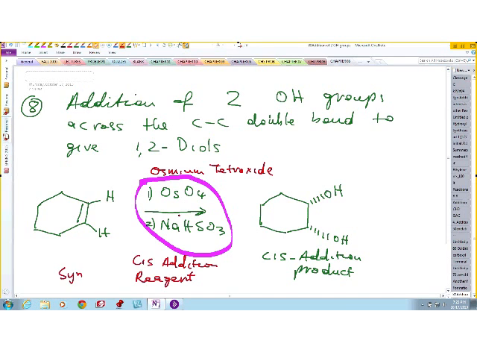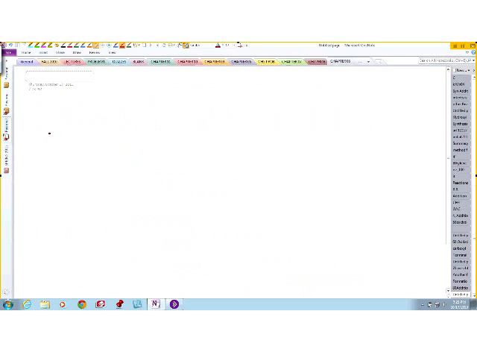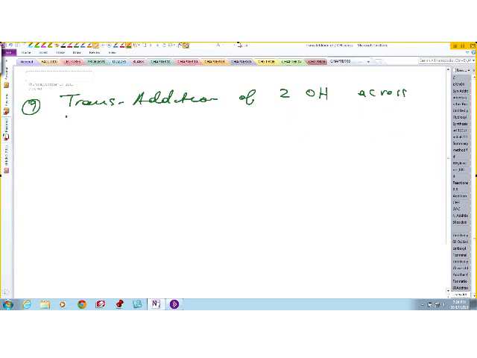Supposing we want to add the OHs trans to each other. Nine: trans addition of two OHs across the carbon-carbon double bond.